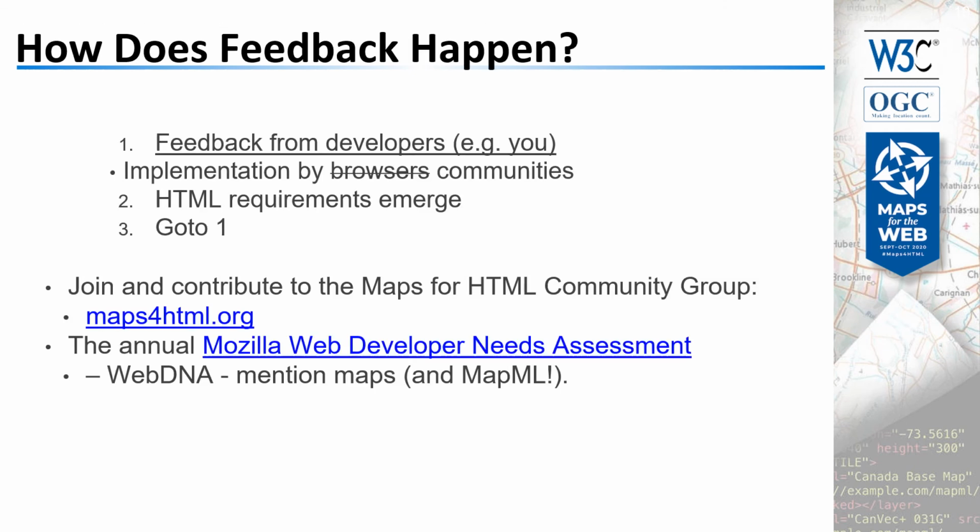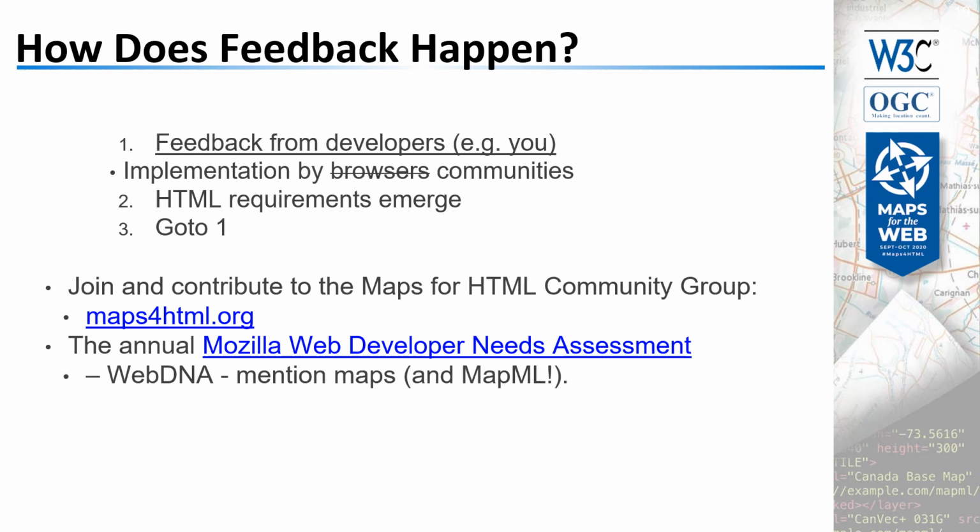So, where actually is this virtuous feedback loop of which I spoke? The Maps for HTML community group was created based on the conviction that web mapping is an emergent or de facto standard of the web, as sought by the Extensible Web Manifesto.